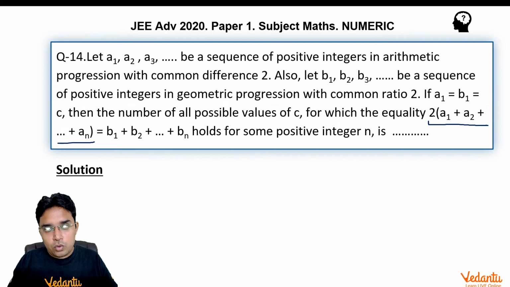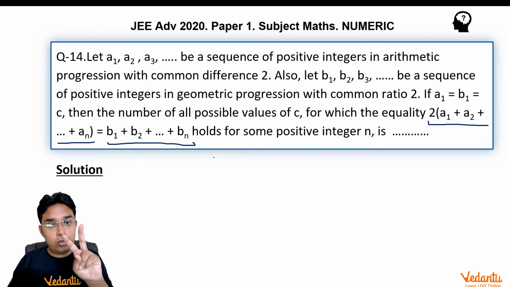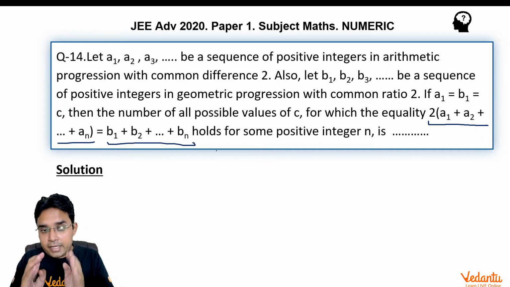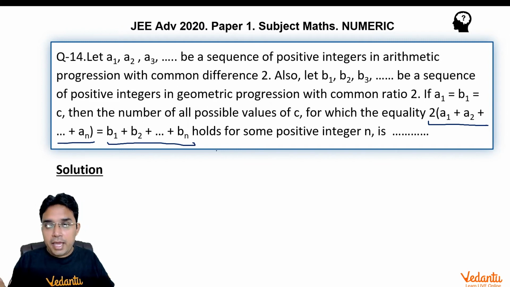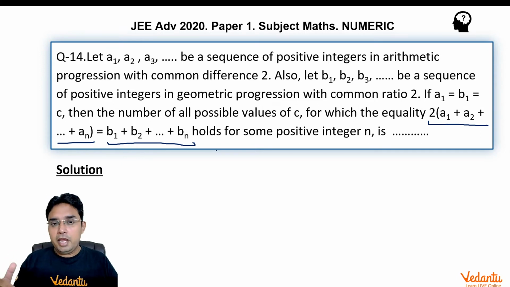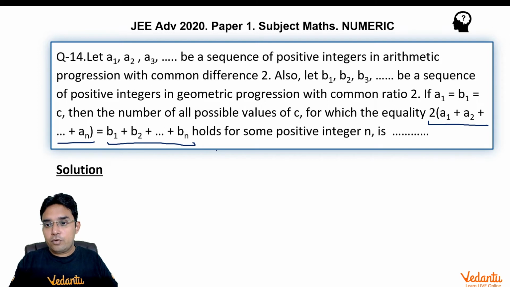If I include the 2 also inside it, that common difference can be considered to be 4. On the right hand side, this is a GP with common ratio 2, which means the terms on the right hand side will be increasing very fast as compared to the terms of the series on the left hand side, because on the right hand side the terms are becoming double. So it looks like after a certain value of n, it will become impossible for these two series to become equal.